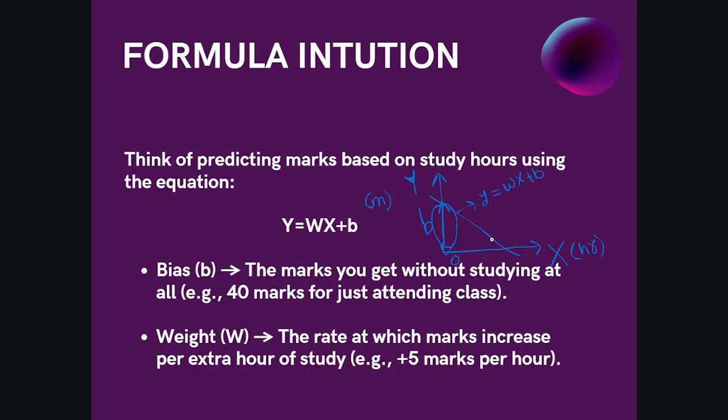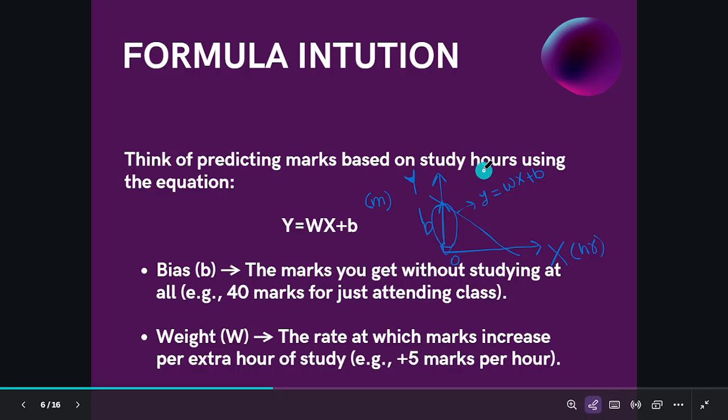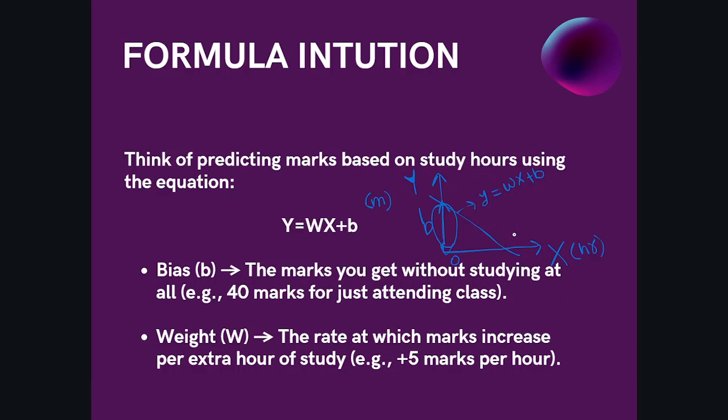Weight is the rate at which marks increase per extra hour of study. Per extra hour of study, the marks increase. So by intuition we can say that it is the slope. Maybe this angle is theta. We can say slope is equal to tan theta.